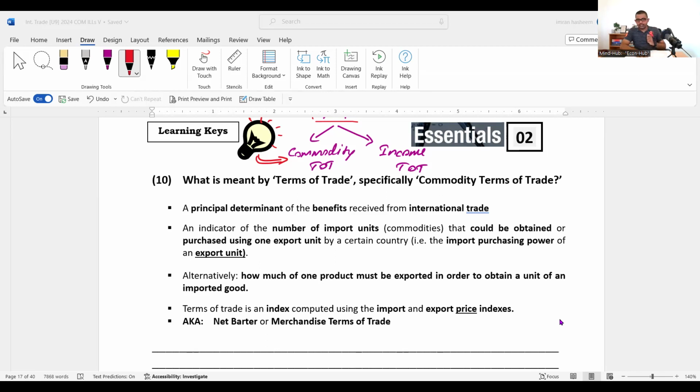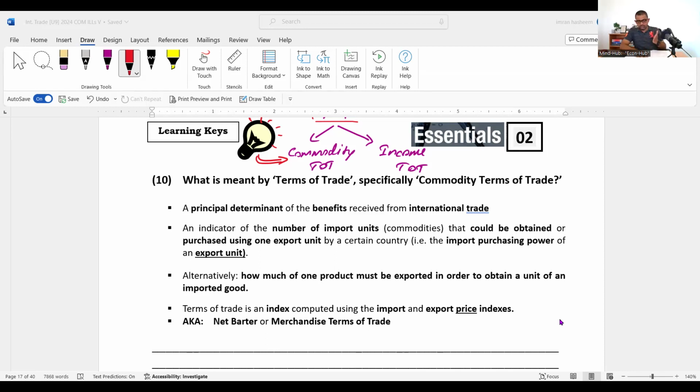Okay, right. Now, let's get the basic idea. I said the concept first. So what is terms of trade? When we export one unit of a product to the rest of the world, it is the price we get for that unit, or the income we get from everything we export.